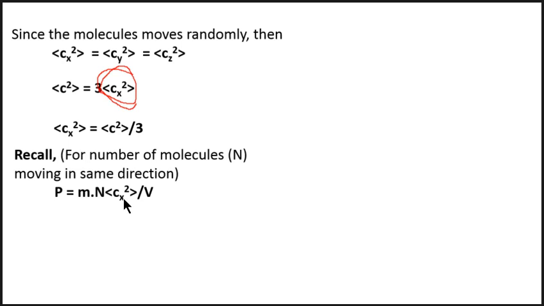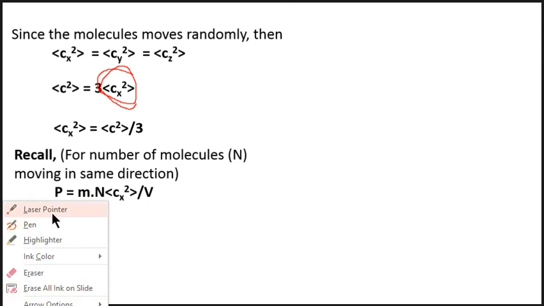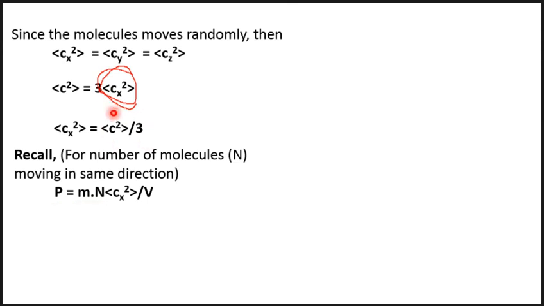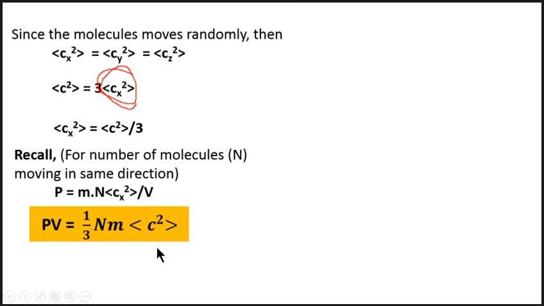Knowing full well that the mean square velocity in the x component is already this, all I need to do is substitute for this by putting in the whole of this. Anywhere I see this, I'll be placing this right there. And when I do that, I will end up getting this. If you do your substitution correctly, you will get this expression.